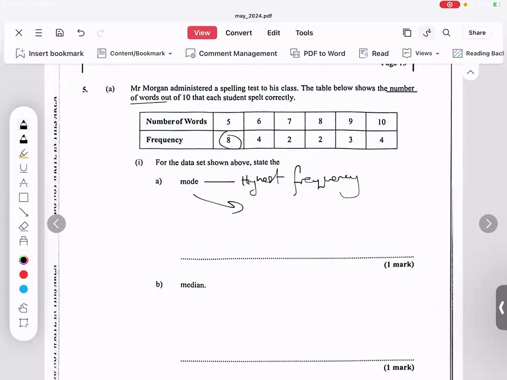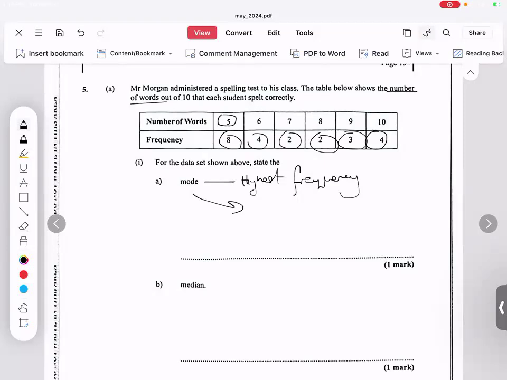When they ask you for the mode, they're asking you for the actual frequency. So the highest number at the bottom here is actually 8. If they had asked you for the modal number of words, then that would have been 5.